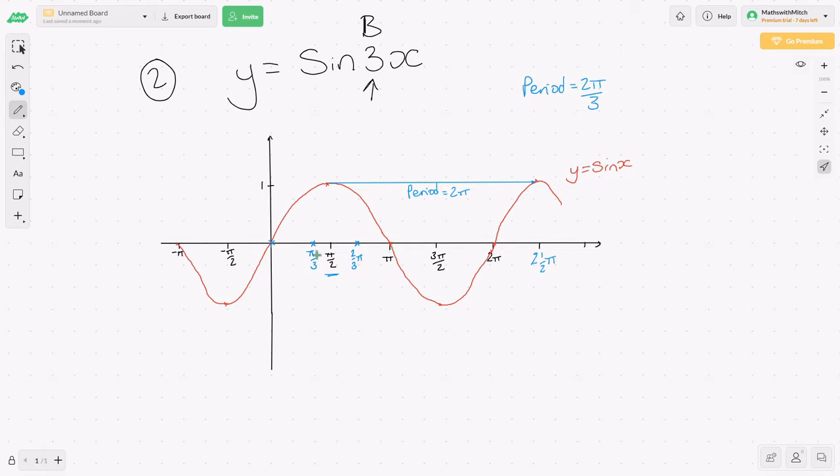And then the next time it'll cross is in another third of pi, so here. So now if we draw the graph with the new period, it will look like this, more rounded.